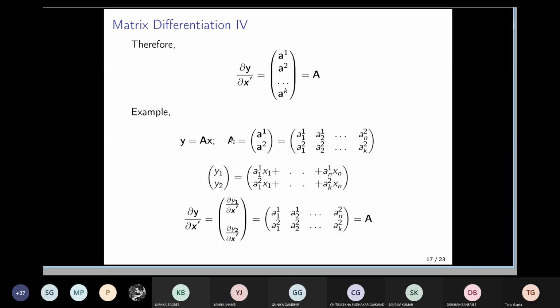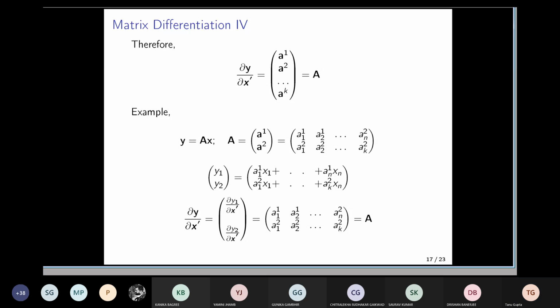So I am writing it in a more compact form. Let's assume that A1 is the first row of matrix A, and A2 is the second row of matrix A. A1 will be a row vector with n elements, and A2 will be a row vector with n elements.